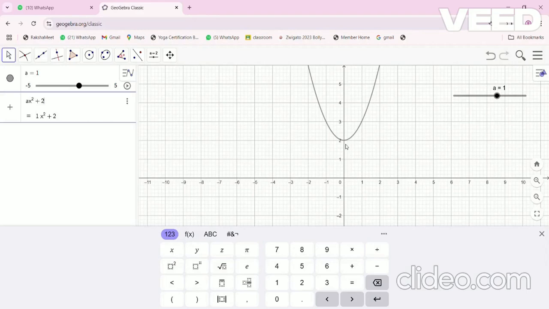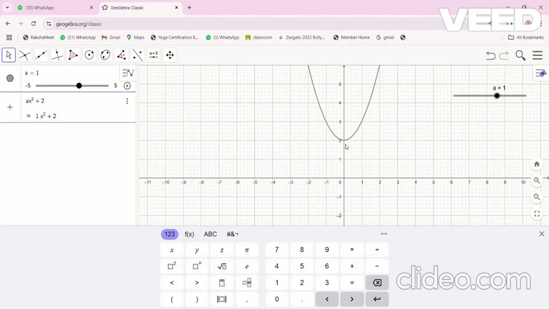See, what do you get here? This parabola, does it have a zero of the polynomial? Can you think of it? No, this parabola doesn't have a zero of the polynomial because it doesn't intersect the x-axis.